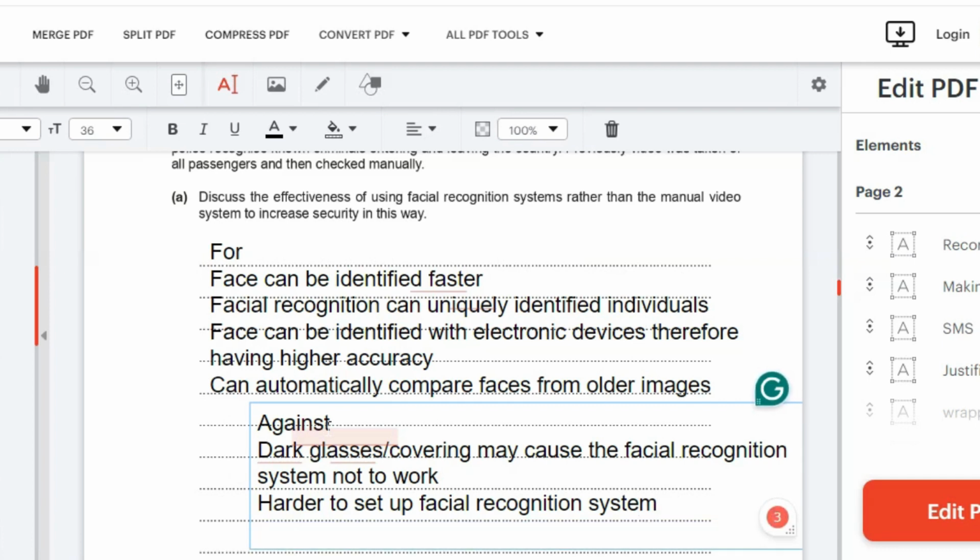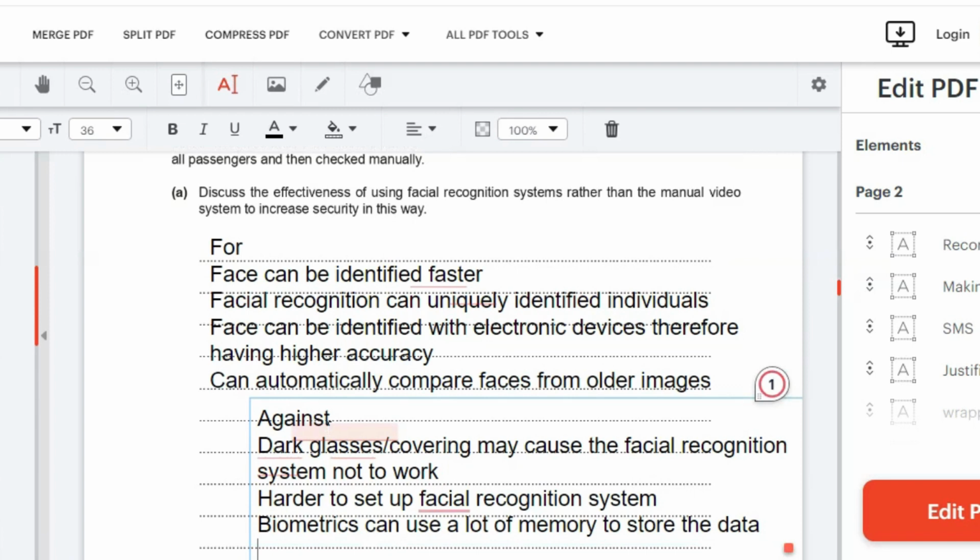Another one is that biometrics can use a lot of memory to store the data.